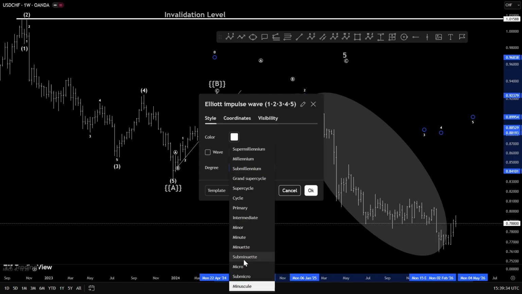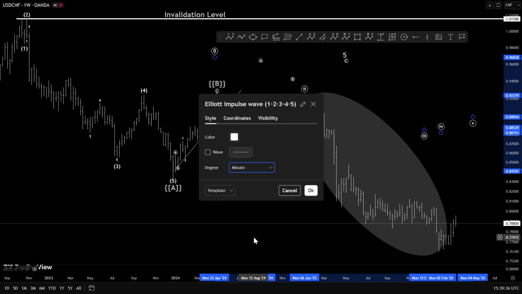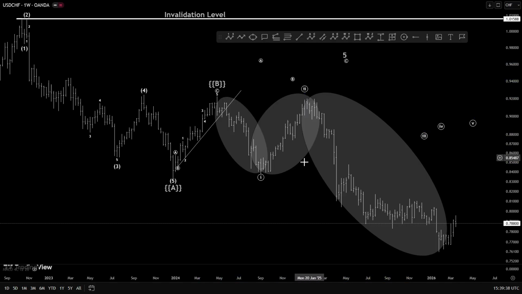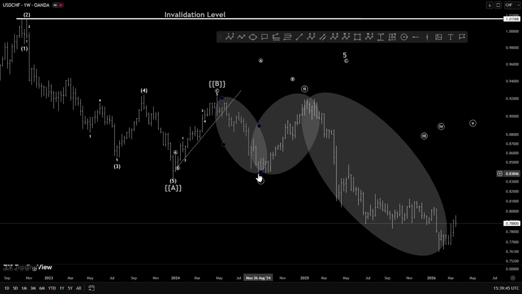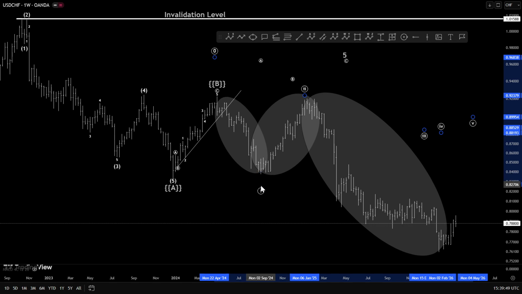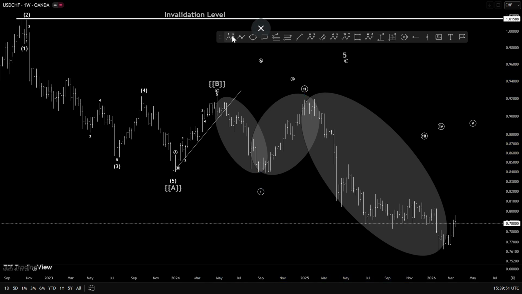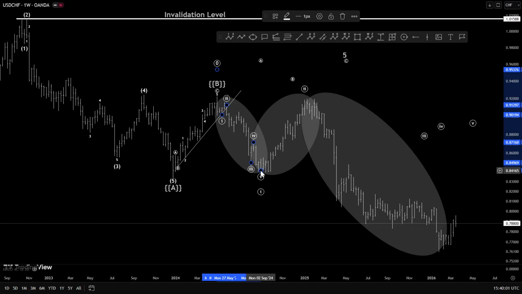Let's change. Okay. This is wave 1. Wave 1 is what? We said wave 1 has 5 subwaves. And let's give it a subwave, right? Which is 1, 2, 3, 4, and 5.